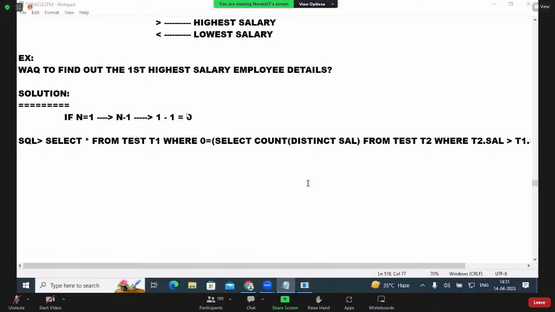The table one also, you can write if n equals 1, n minus 1, 1 minus 1 equals 0.